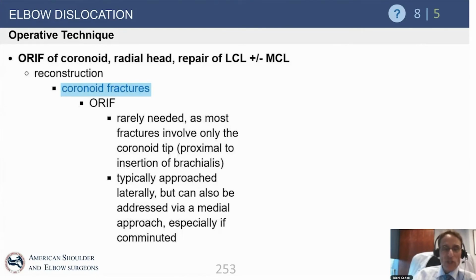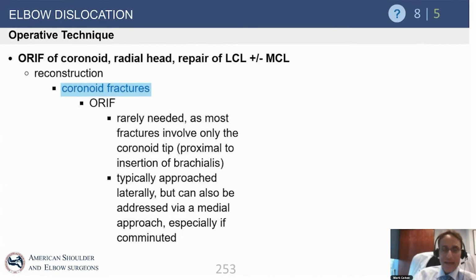As I mentioned, almost always the coronoid fractures at the tip and the coronoid fractures laterally. I don't think I've repaired less than 5 or 6 coronoids in the setting of elbow dislocations. I've never had to go medially. It's usually a type 2 fracture in which the radial head has broken, the radial head ends up being replaced, and you approach the coronoid fracture through the lateral incision.